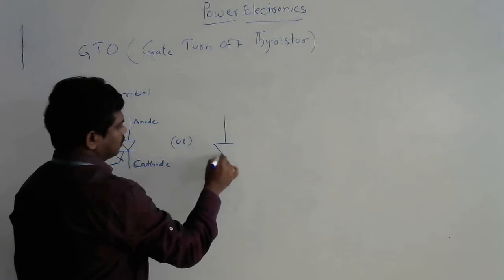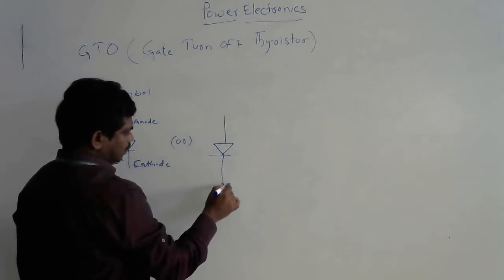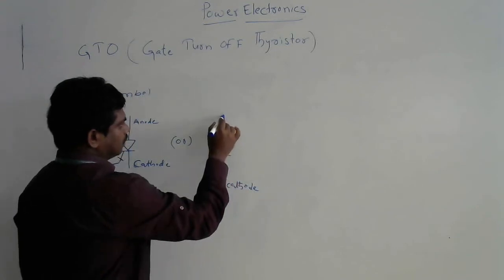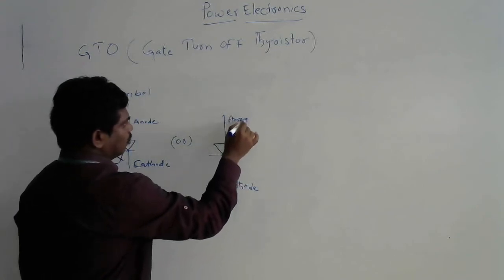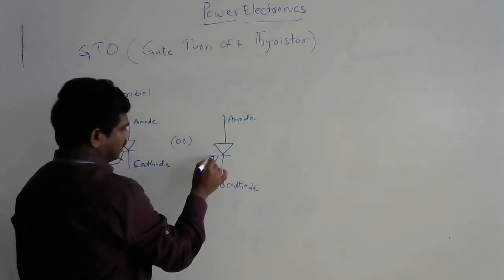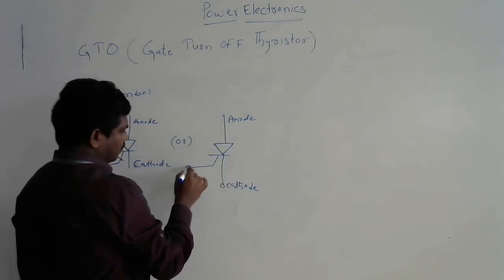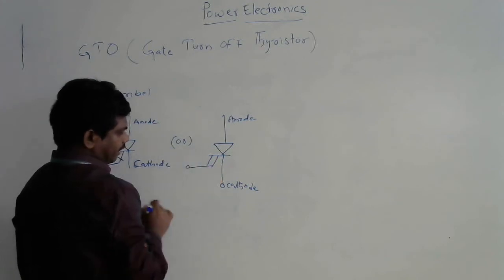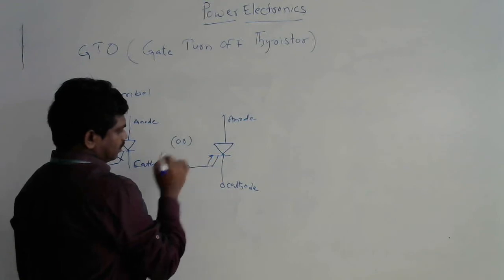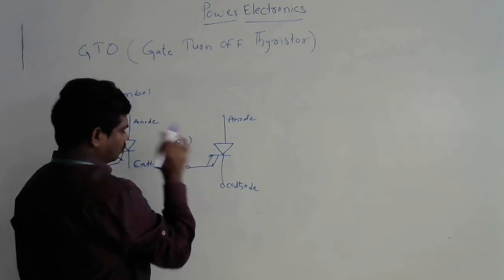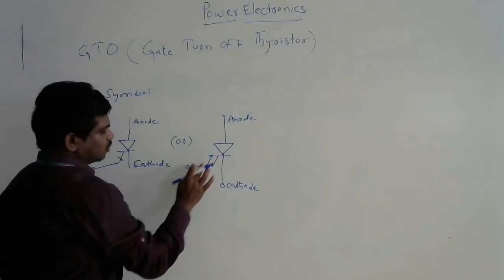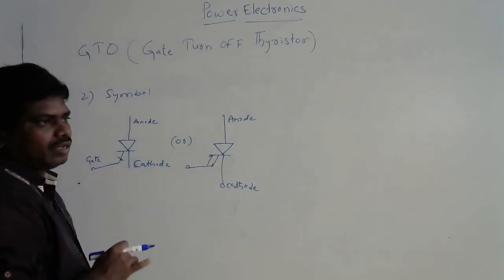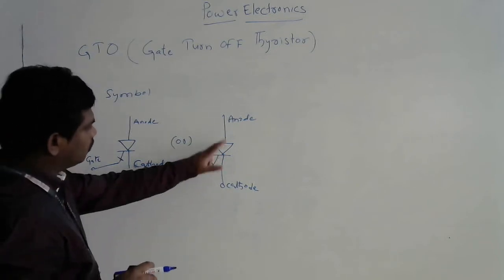We can represent the GTO in another way also. Take one SCR again. This is cathode, and this is the anode terminal, and this is my gate, same as the SCR. What happened here? There is one more line. This indicates inwards, this indicates outwards. Inward means we are applying positive forward voltage, the direction of current into the device.